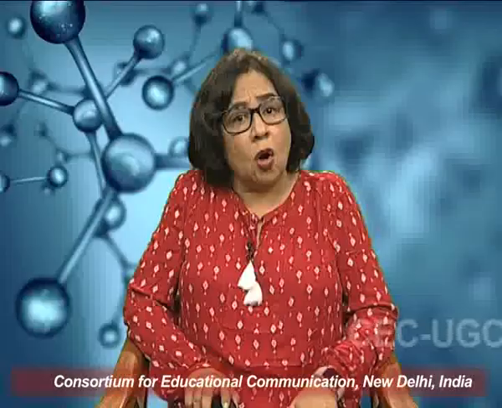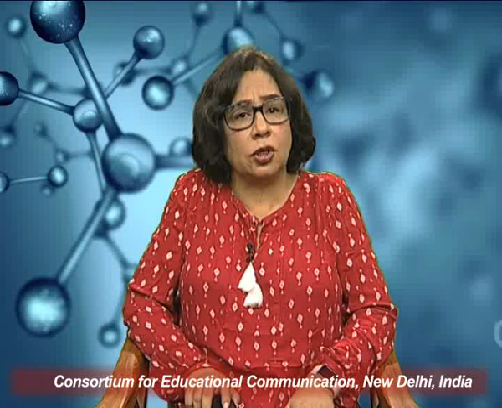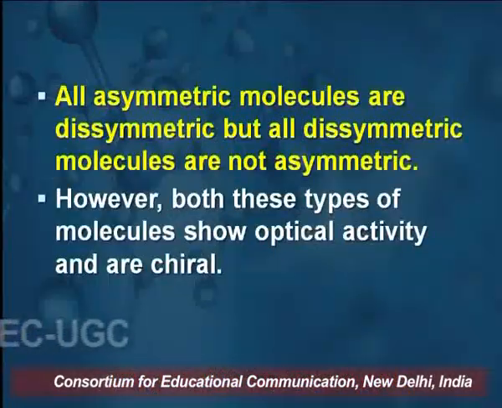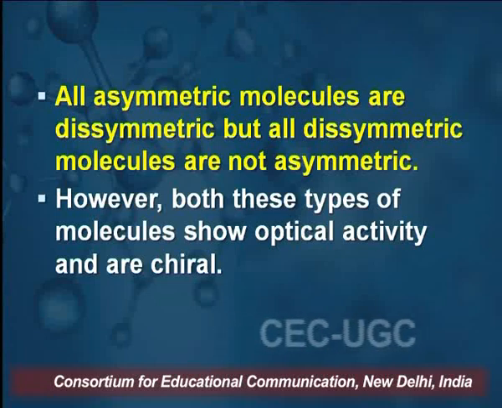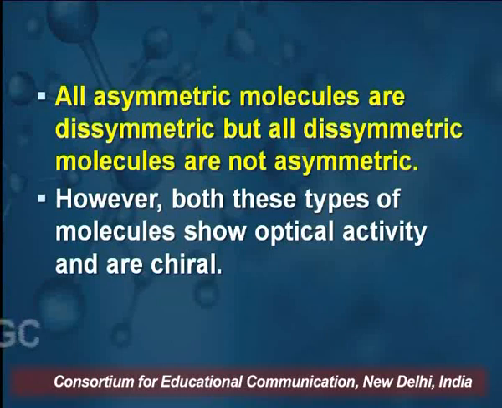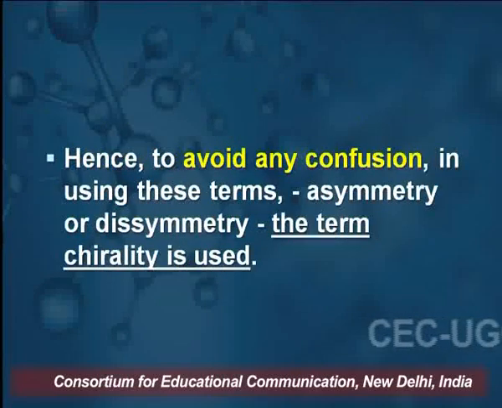That means all asymmetric molecules are dissymmetric. That is, if a molecule is asymmetric, it does not have a plane or any of the elements of symmetry. That means the molecule will be dissymmetric. But all dissymmetric molecules are not asymmetric. But both of these will show optical activity and will be chiral.